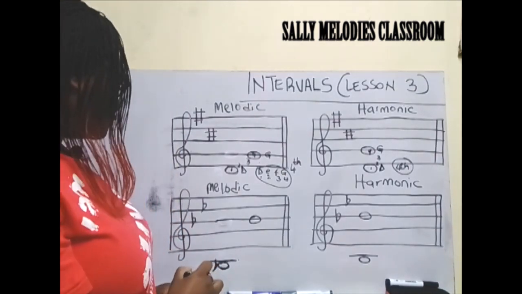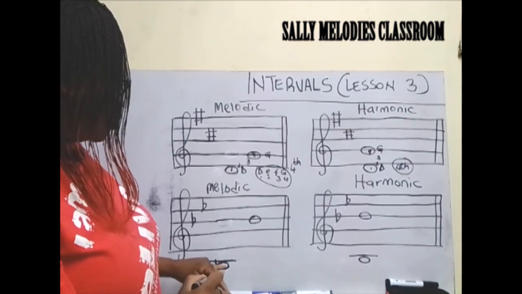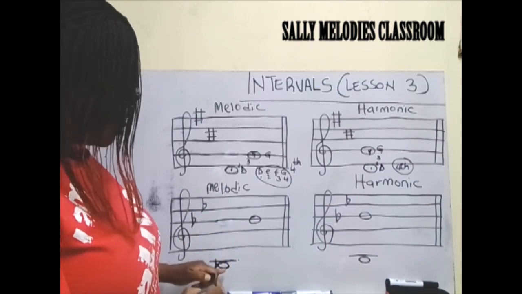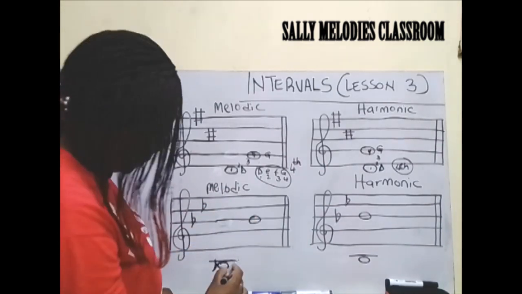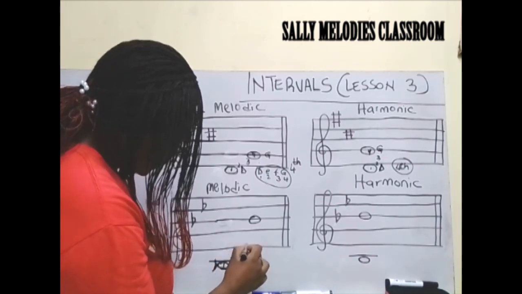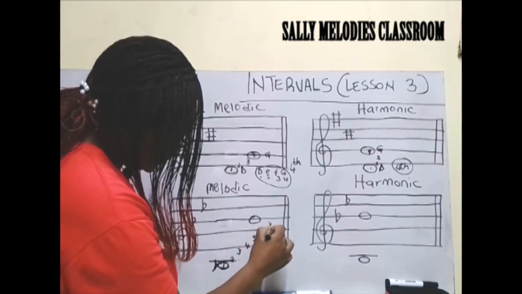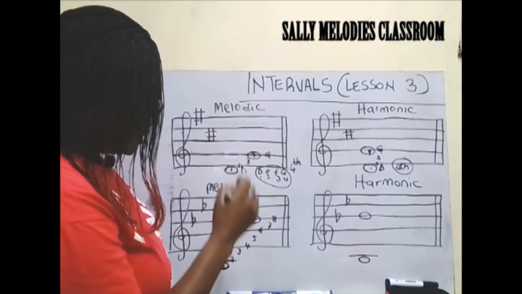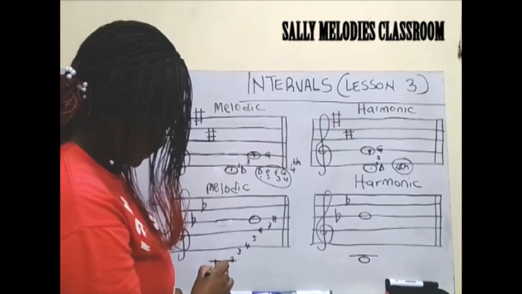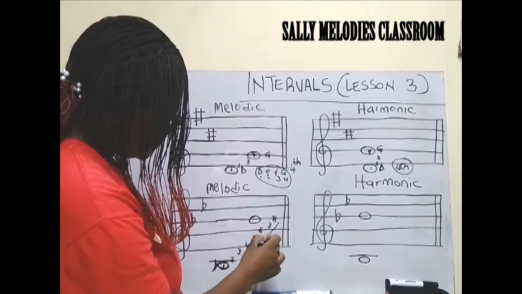Now, I want us to count the number of notes from here to here. Let's go. This is 1, 2, 3, 4, 5, 6, 7, 8. So the distance between this B flat and this other B flat is 8 notes.